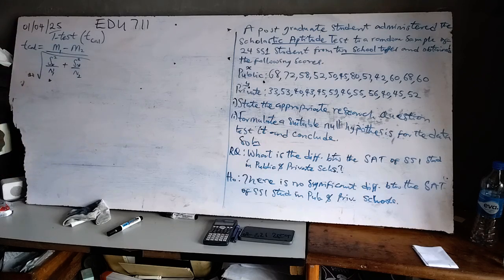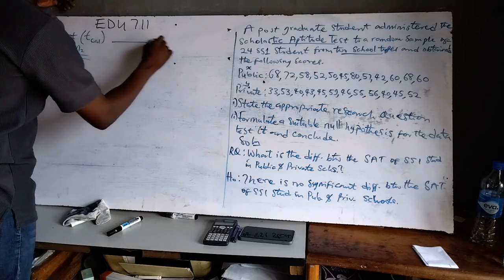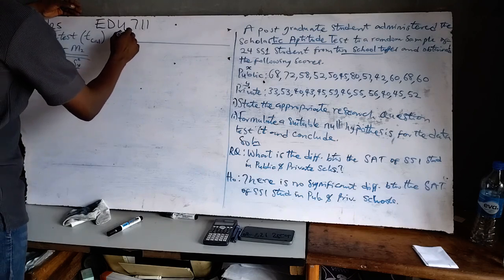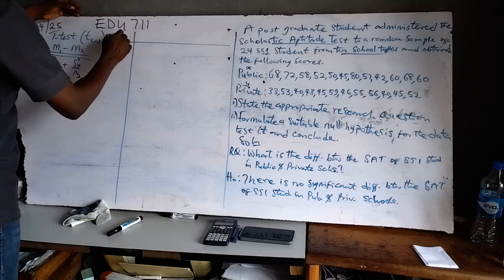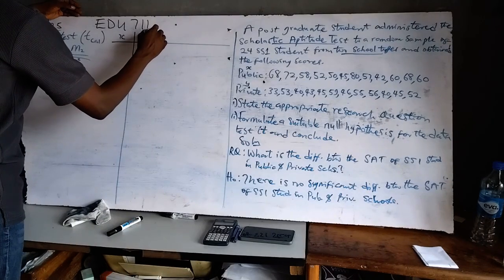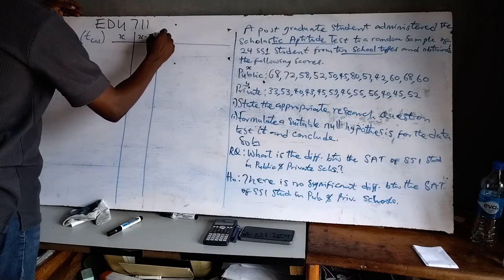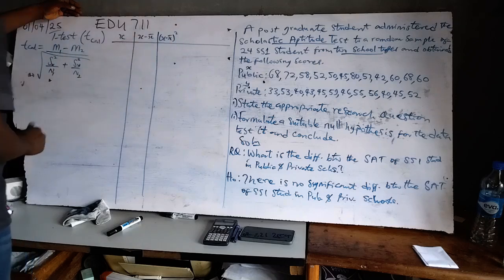So let's solve for x. Yes, let's solve for x. So let's have our table. We don't have a large space, so we have to manage the table. So we have our x here, our x minus x bar, and our x minus x bar squared.